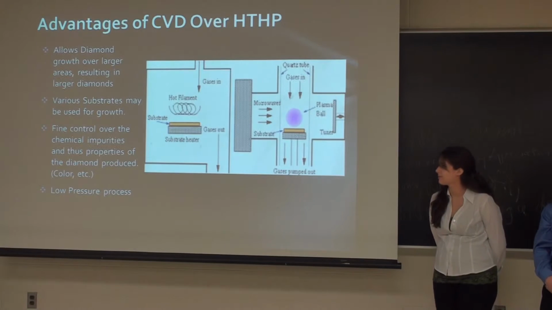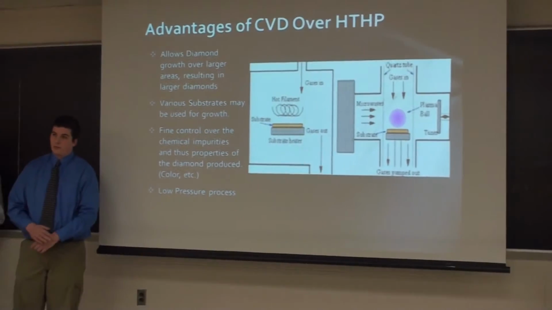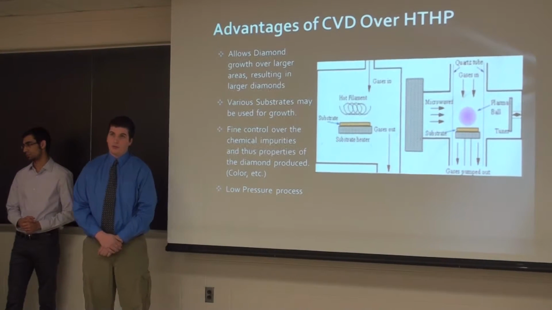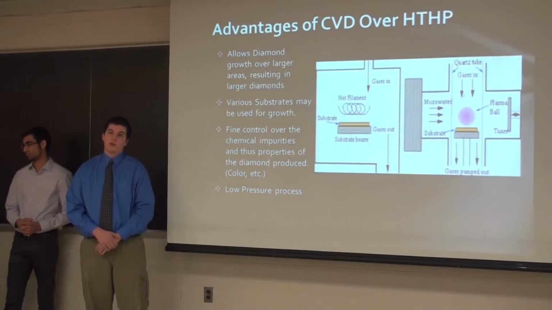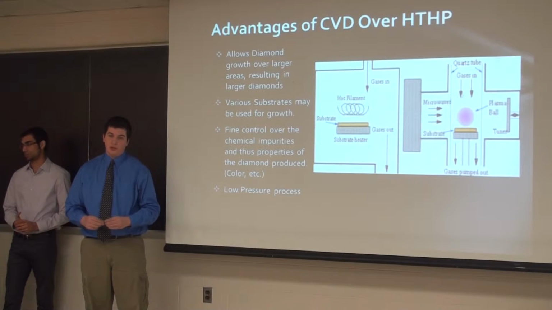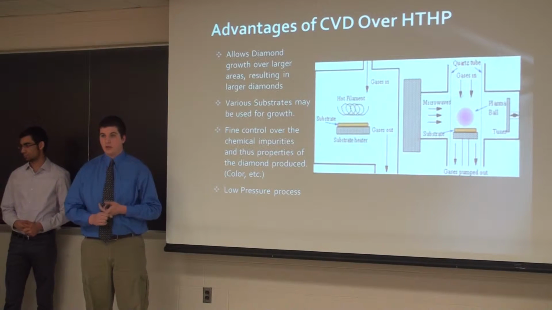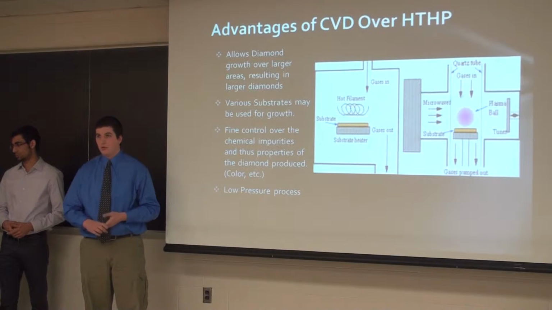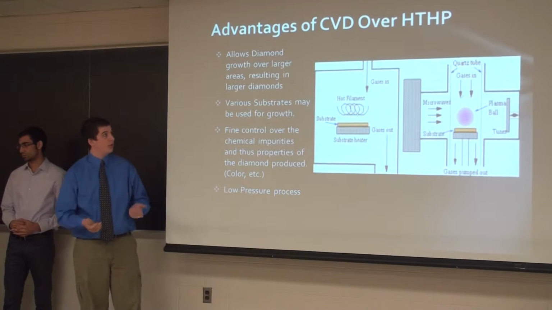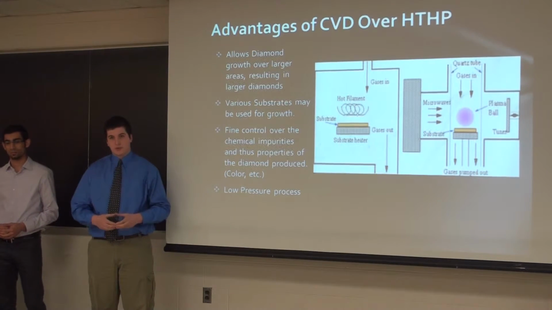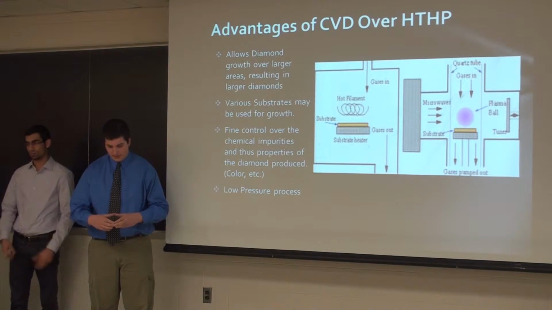There are specific advantages and disadvantages to each process. CVD over HPHT has a number of unique advantages in that you can control a lot of the impurities that go into a diamond, which defines its color, electrical, optical, and pretty much every other property that we have. CVD is also grown on a substrate, which you can define the area of.